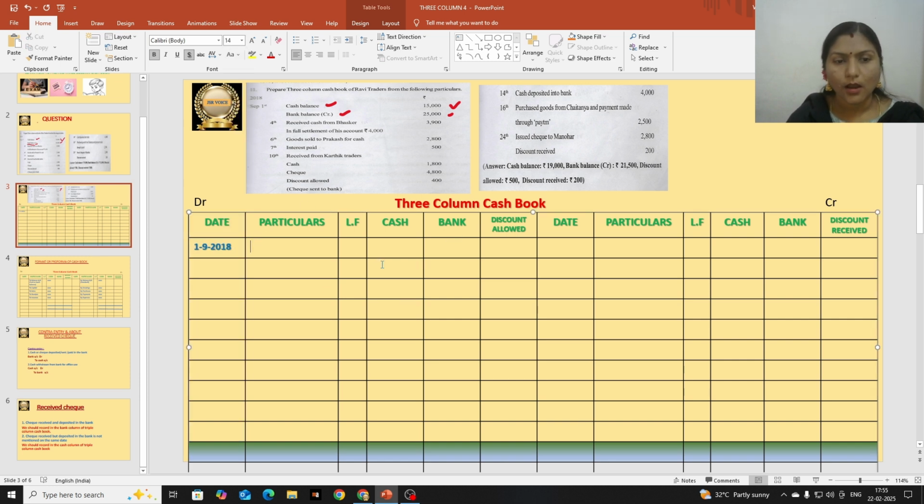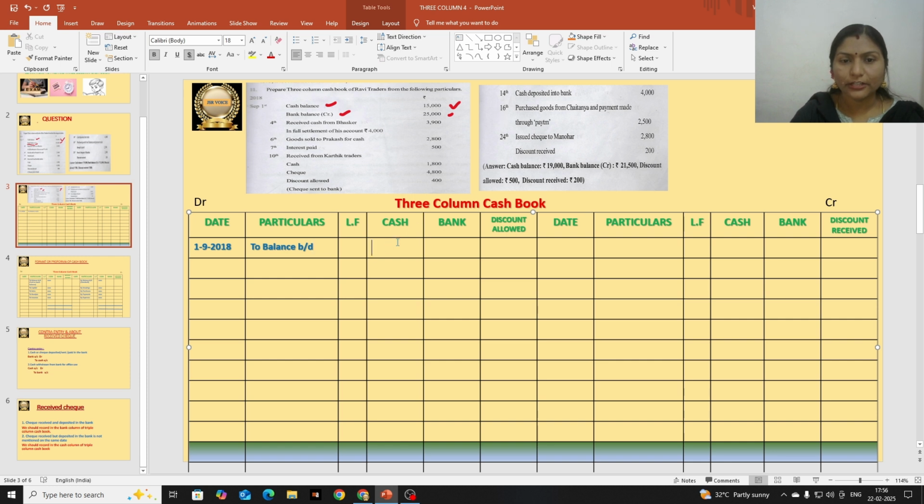And next we are going to write on the debit side, to balance brought down, because all opening balances we are going to write by writing to balance brought down only. So, to balance brought down.